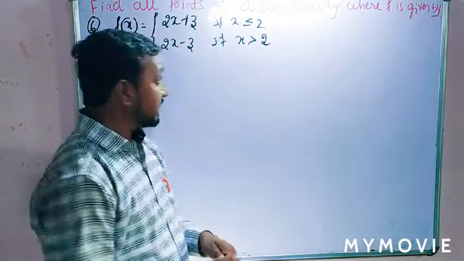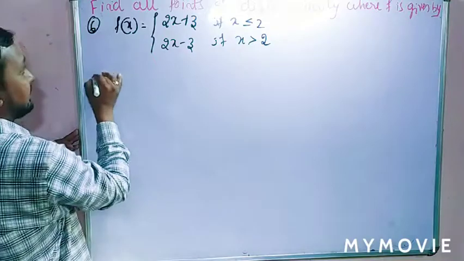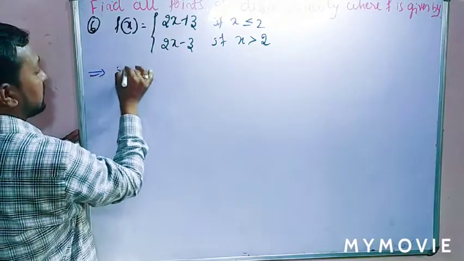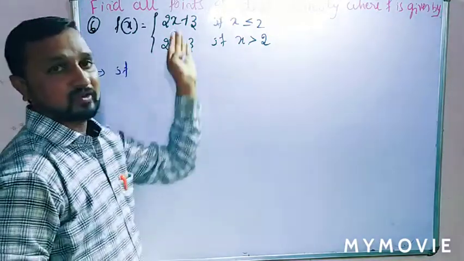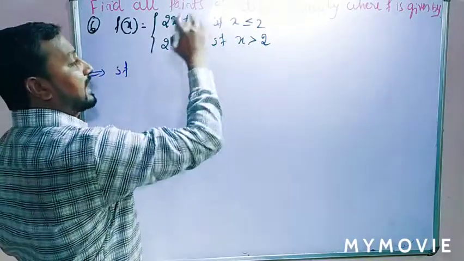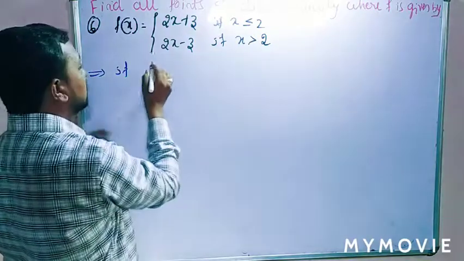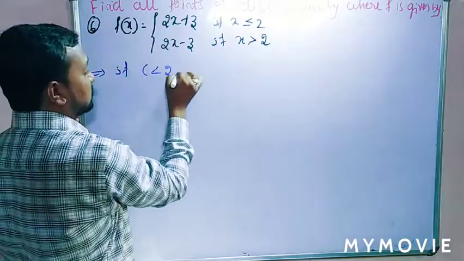Is that clear? See, this is a very easy example. First of all, as usual, since there is no particular point given, I take a real number x equal to c with c less than 2.